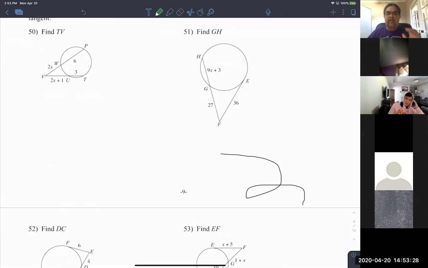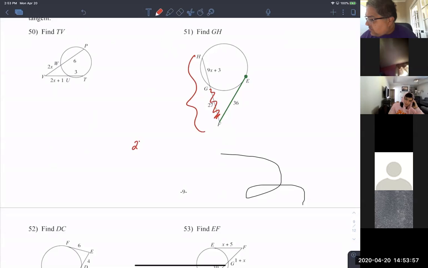All right, now let's look at number 51. So unlike the other two, this one is a secant times a tangent. And I know it's a tangent because this line, FE, just intersects it at one point. So remember the relationship. It is piece times whole.